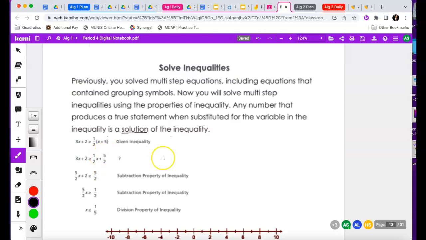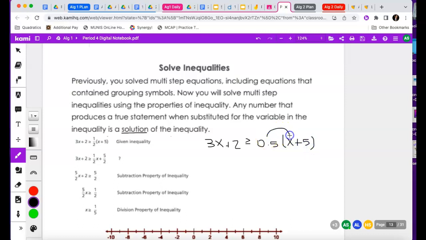3x plus 2 is greater than or equal to 1/2 times x plus 5. So we're going to go through this one. And anytime we're given a fraction, I like to change it to a decimal. So we're going to change that 1/2 to a 0.5, and then we're going to distribute to the x plus 5.